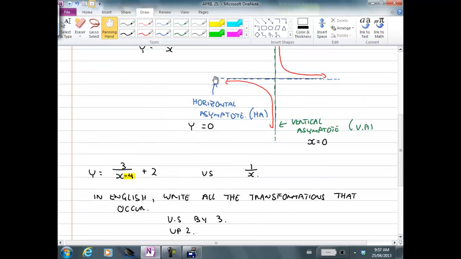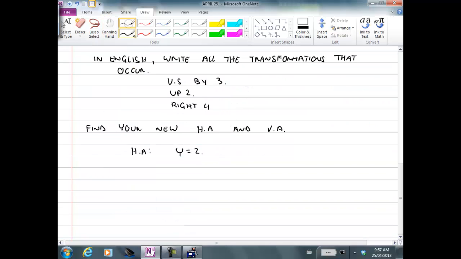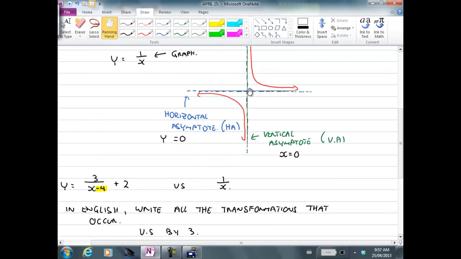So you take this line, you move it up 2. Okay. Donna, take a guess what your vertical asymptote is going to be. X equals 4 is correct. Why? Because I'm shifting to the right. So you take this line and you move to the right.